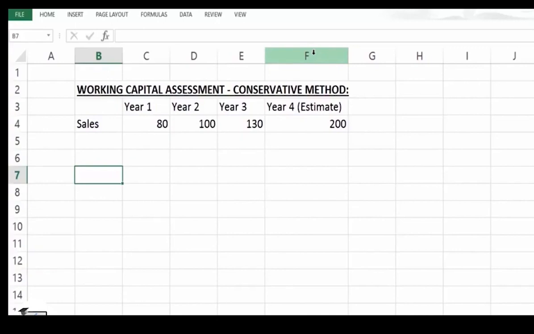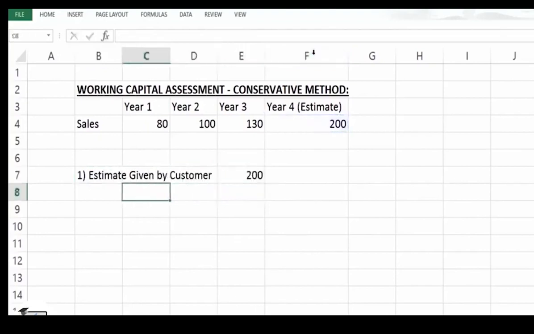Now we have the estimate given by the customer, which is 200. The bank would have some kind of policy where they may apply a fixed percentage growth over the last year, something like 20 or 25% growth. So I'll say 25% growth over the previous year.